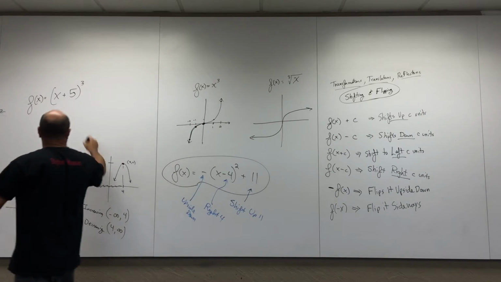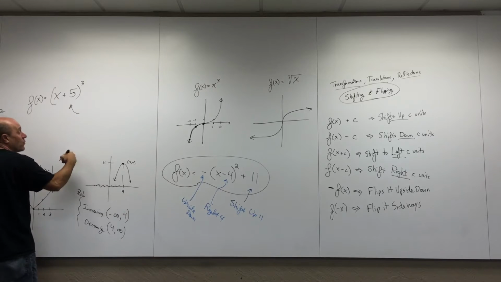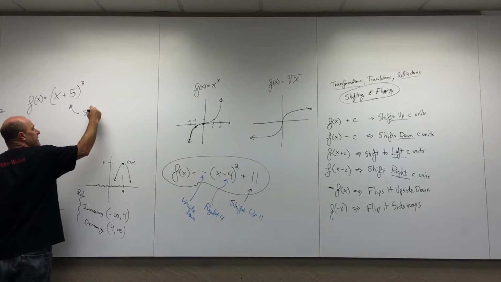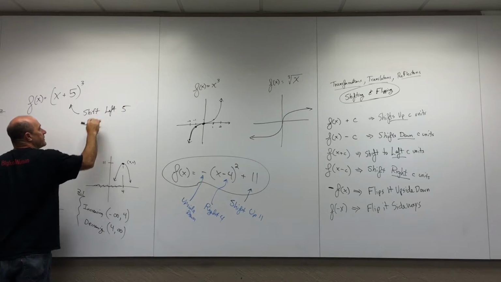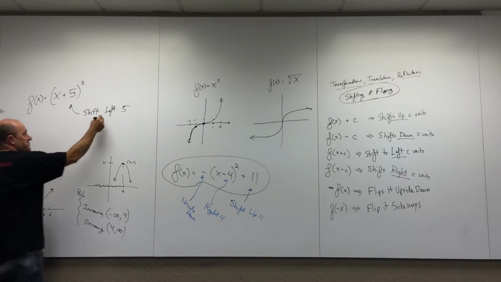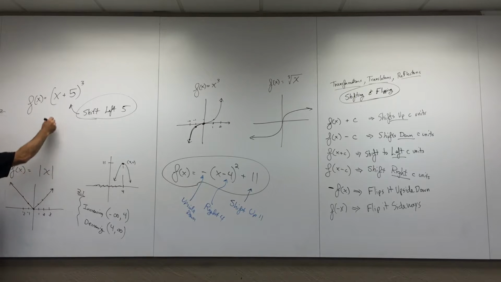If I had to describe that in words, I would say shift left 5 units. There's me using words, but I really would like a picture of it. So I will go to the left 5 units and I will sketch the picture of a cubic function. It's a cubic function shifted over to the left 5. Here he is.